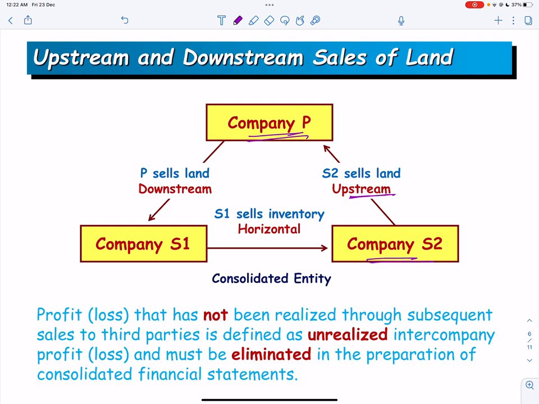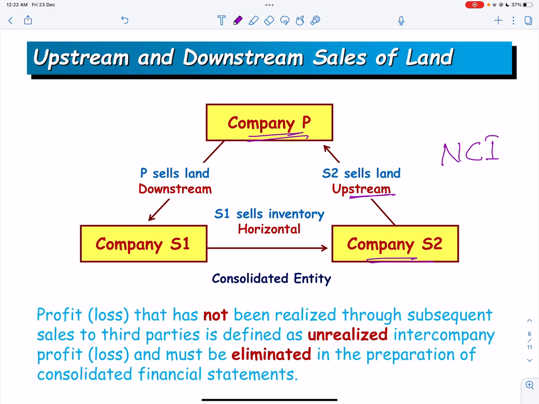If the subsidiary is not wholly owned by the parent company, a portion of the results of this transaction is attributable to the non-controlling interest. If the parent company owns 100% of the subsidiary, then they get 100% of the gain or loss.